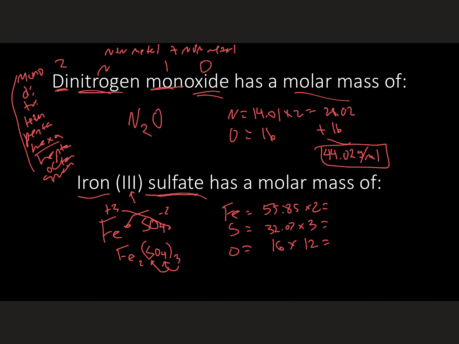When we get all of that, it's going to be 111.7, 96.21, and then 192, which will give us a total mass of 399.91 grams per mole. So it's important to be able to name and write the formula, and this is just demonstrating that.